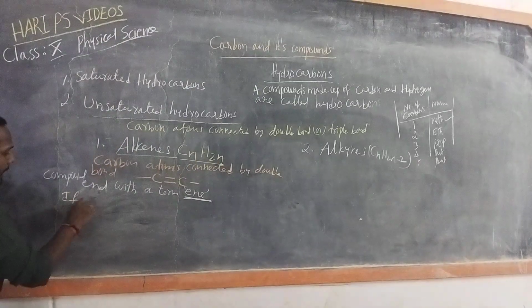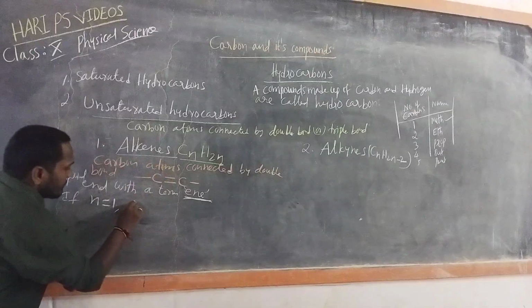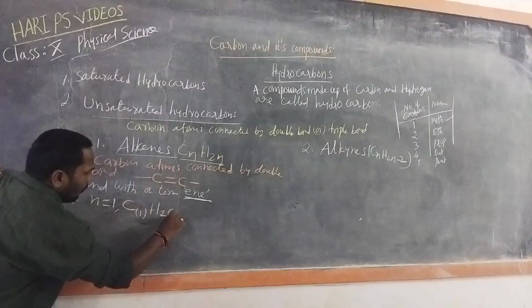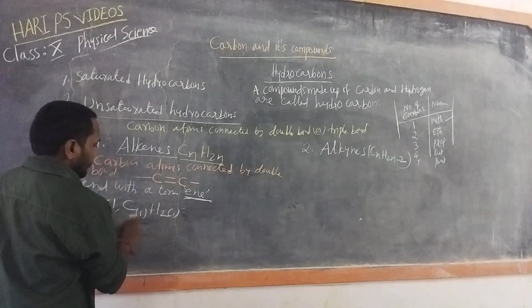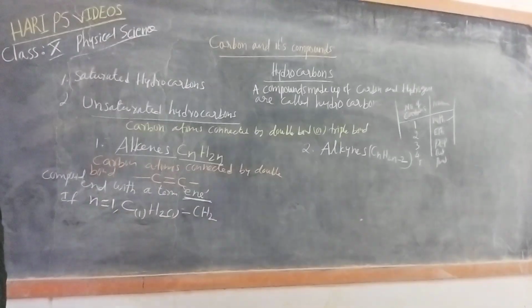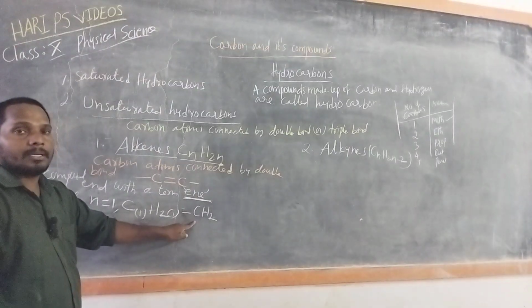If n is equal to 1, C1H2, you can write CH2. How many carbon atoms here?